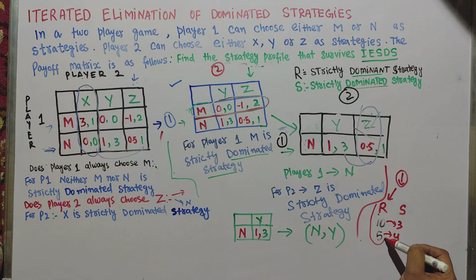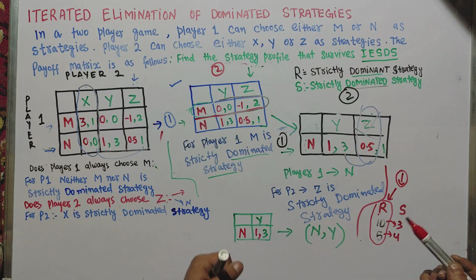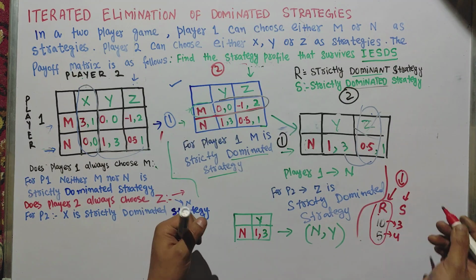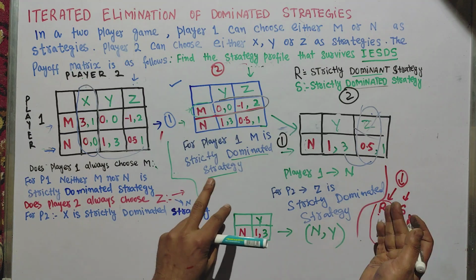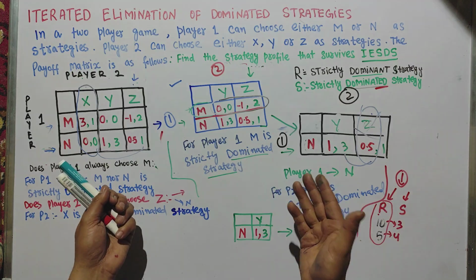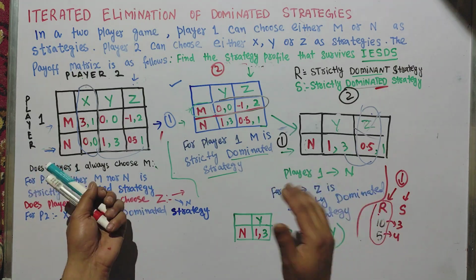And S is called the strictly dominated strategy. That means strategy S is strictly dominated by strategy R. Our endeavor is to eliminate any strictly dominated strategy.